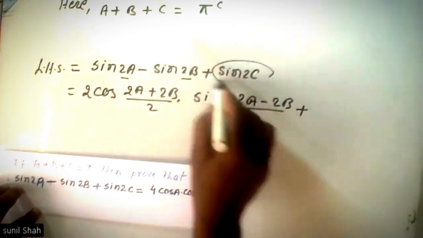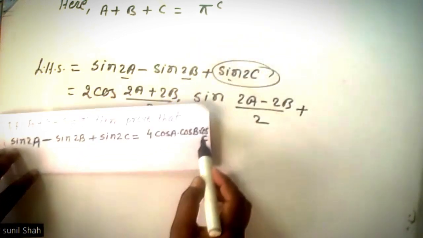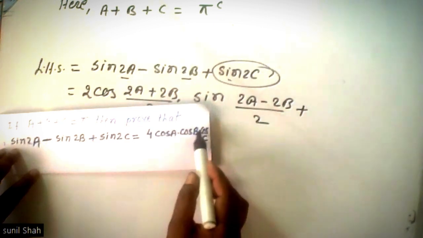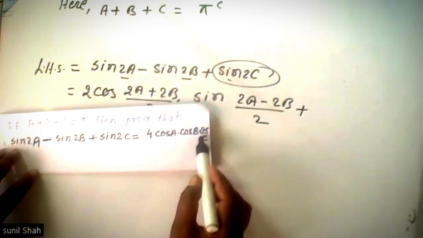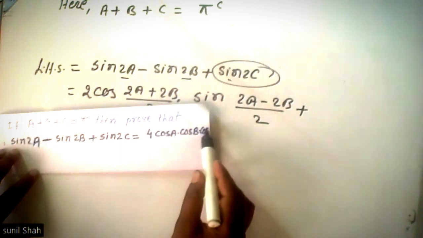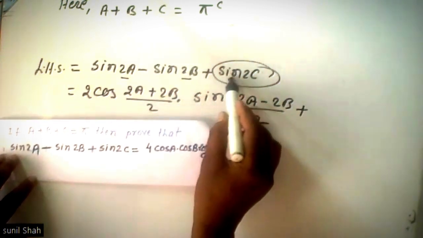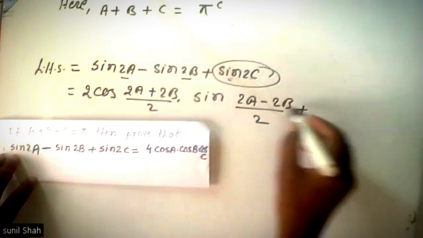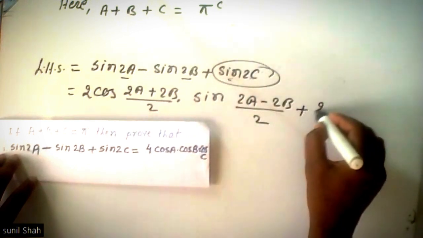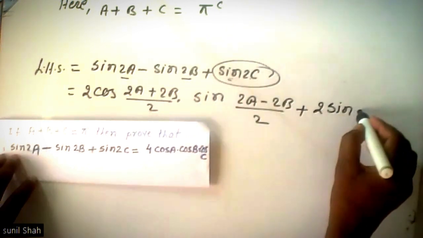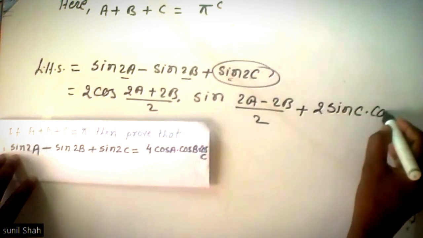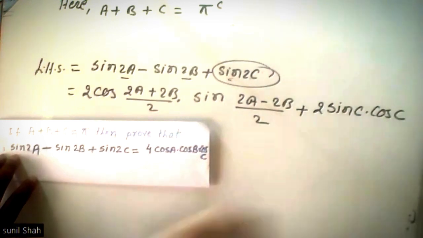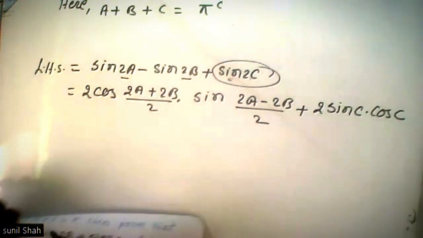Plus, what is for this sin 2c? Look at the c angle, which is in cos to the RHS. Angle c is in form of cos c. So change this sin 2c into cos c. So sin 2 theta is 2 sin theta into cos theta. Theta is c.